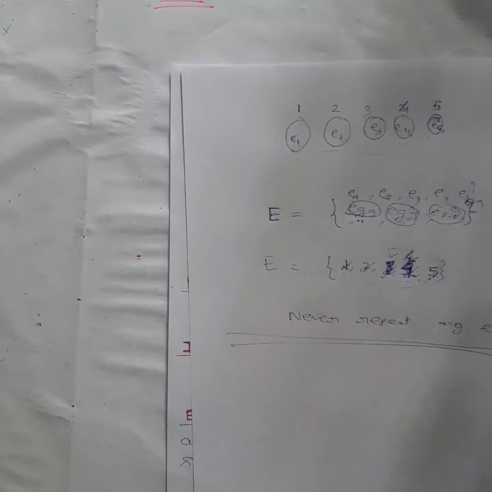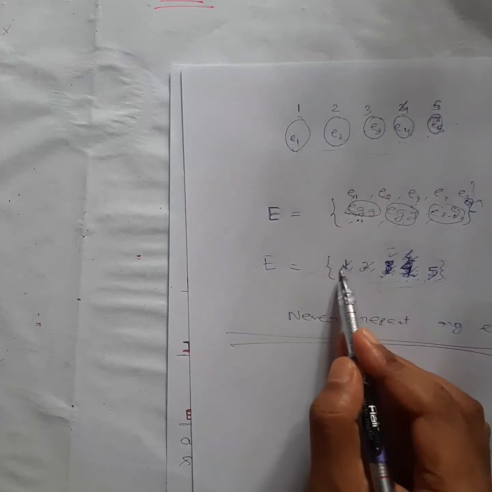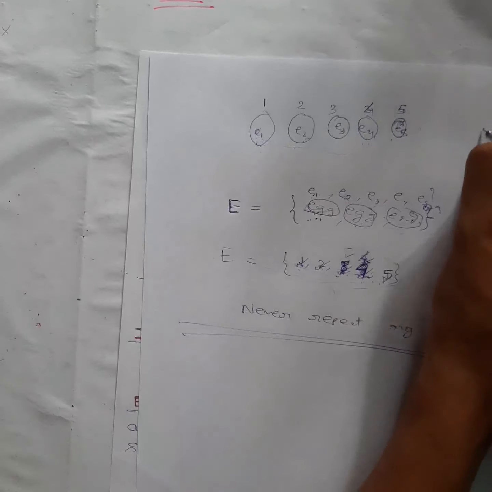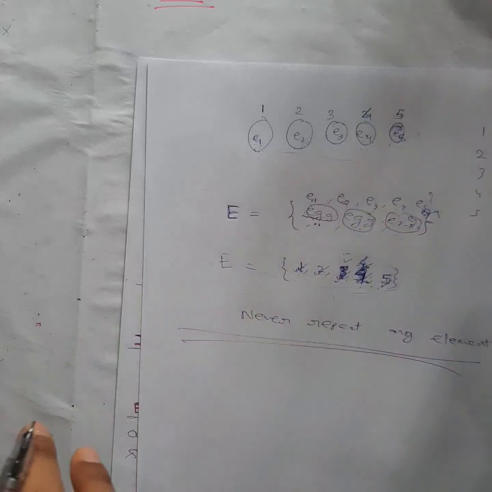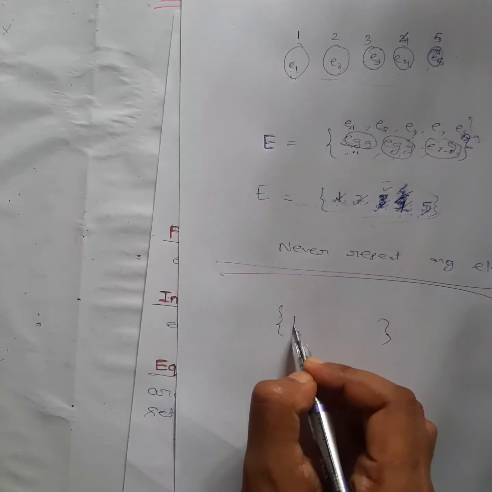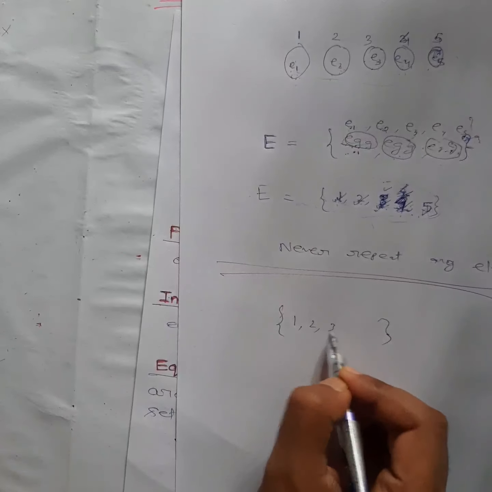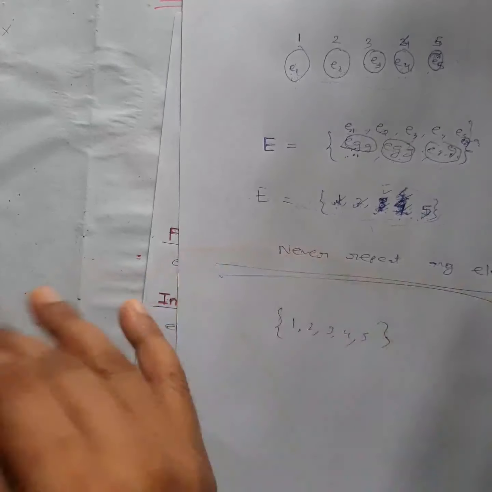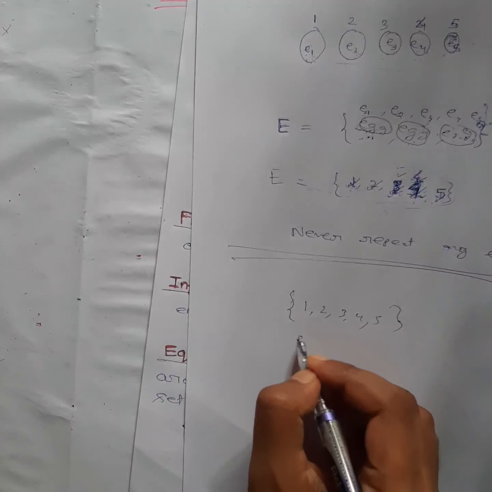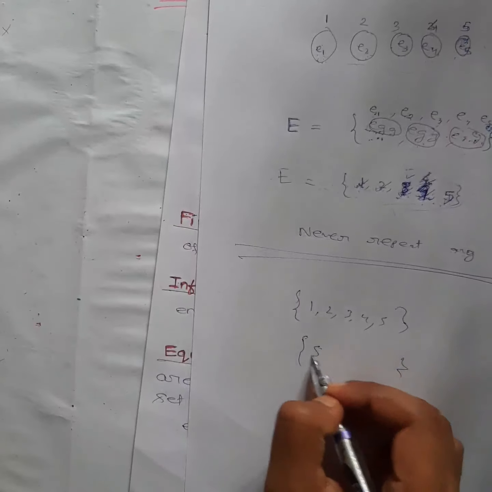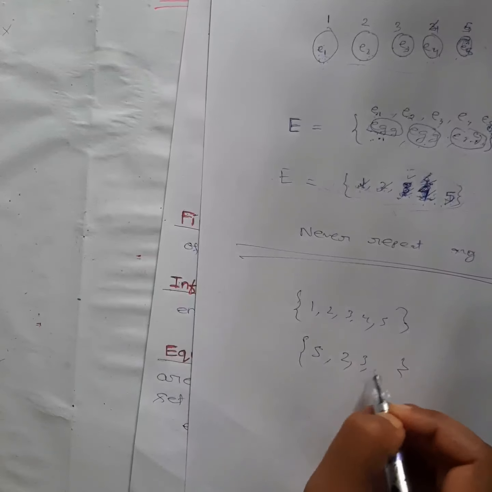And one more thing, when you collect, for example, if I give you randomly 1, 2, 3, 4, 5, these numbers, you write them down in a set. When you write them in a set, it does not mean that you have to write 1 first, 2 first, 3 first, 4. You can collect them differently, because when you make a collection, you don't see the position and all, right? You can directly pick up 5 and put it in the first position, 2, 3 here, 4 here, 1.